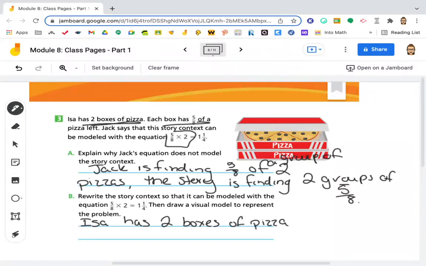But instead of saying each box has 5/8 of a pizza left, we could say that she and her friends eat 5/8 of the pizza.